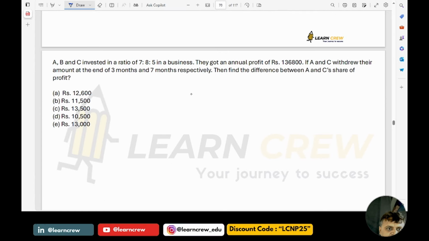Next, A, B, C invested in the ratio 7:8:5 in a business. They got an annual profit of 1,36,800. If A and C withdrew their capital at the end of 3 months and 7 months respectively, then find the difference between A and C shares.